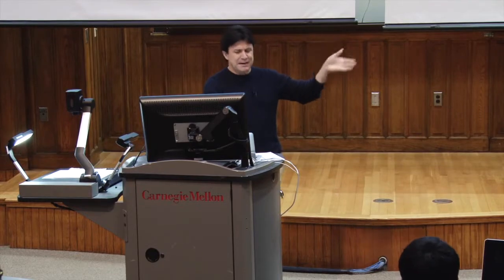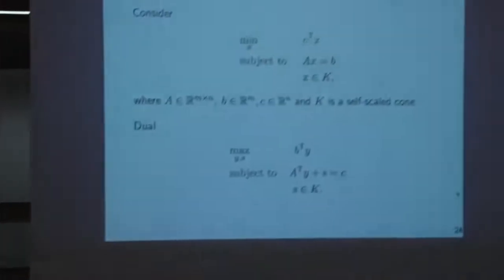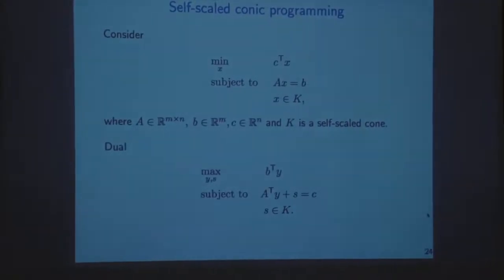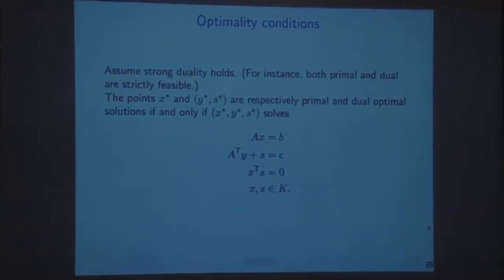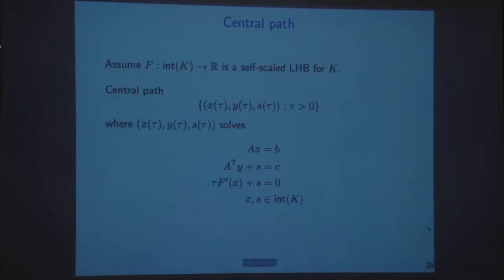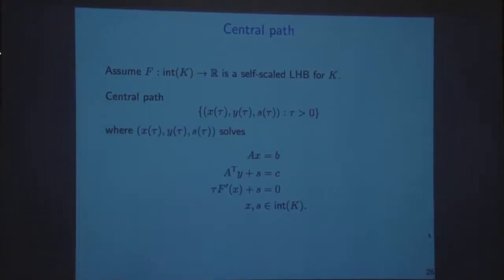So the very last thing that I want to say is, there is all the relevant machinery. We have primal problem, dual problem. Self-scaled cones are self-dual. And then we have optimality conditions. Then we have something like the central path.